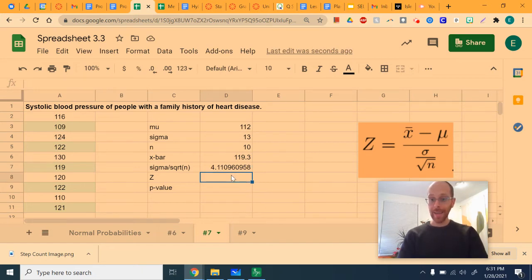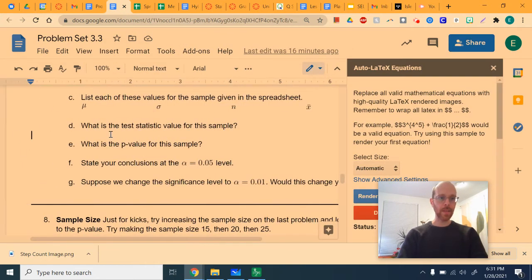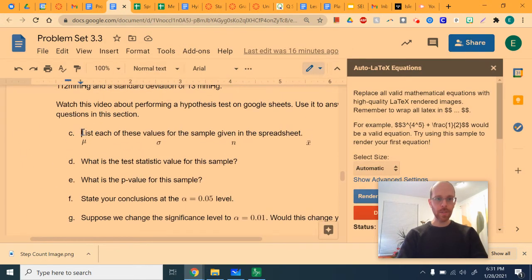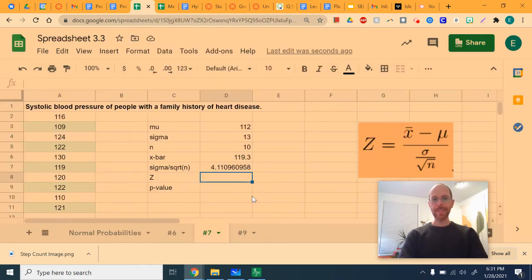Now it's time to find our test statistic. If you look at part C on this question, part C is actually what we just did. You can fill that information in. Part D says, what is the test statistic value for this sample? And test statistic is just a fancy way of saying find your z-score. Well, we can do this in Google Sheets too. You say equal sign.